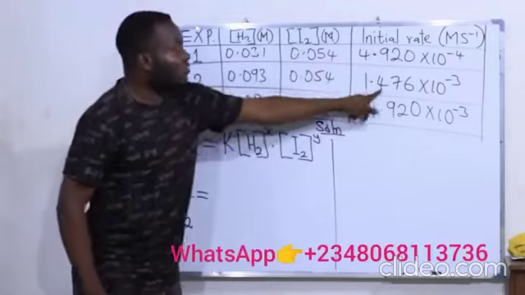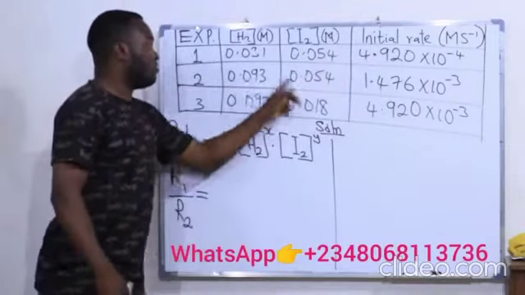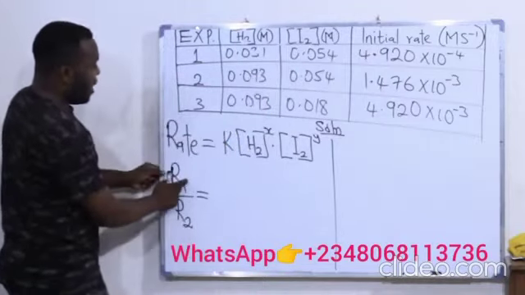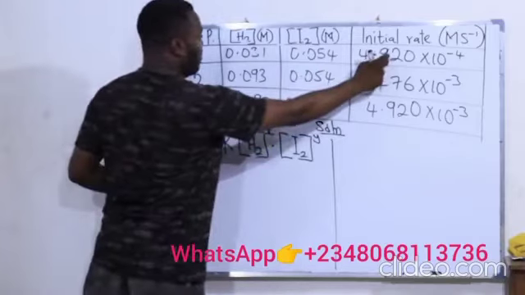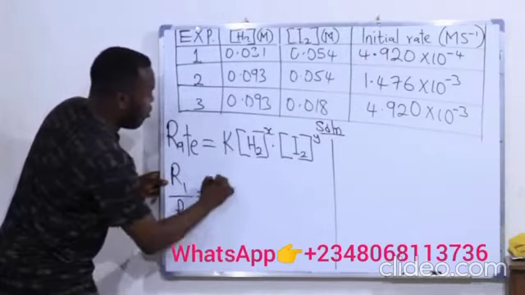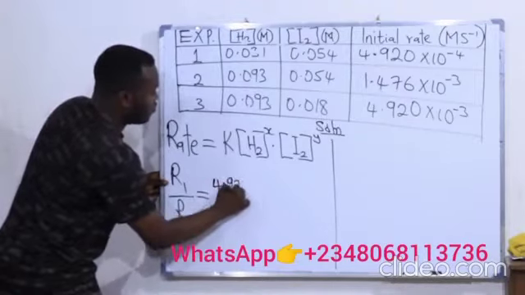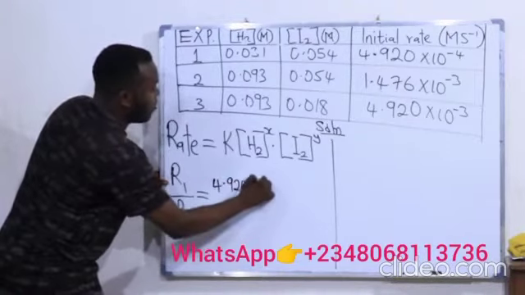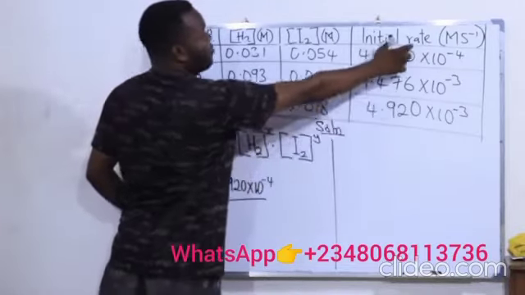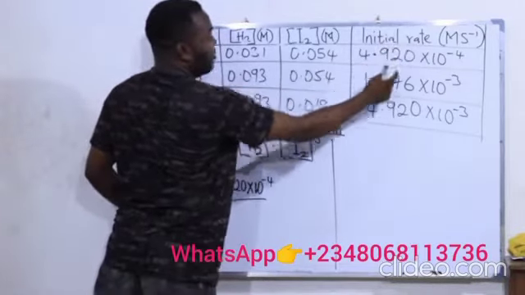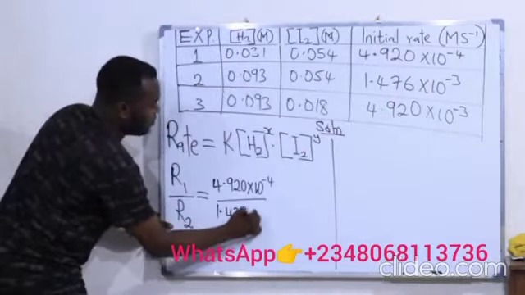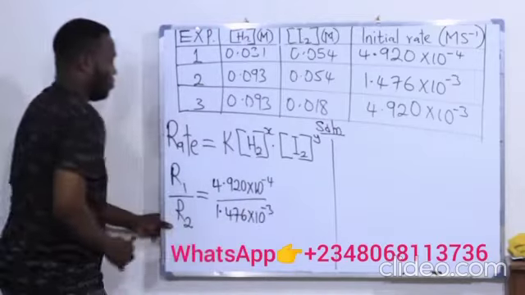How do I go about it? My R1, I chose this as my R1, which is 4.920 times 10 raised to the power minus 4, all over my R2, which I chose to be this. Remember, this is a rate. So this is my rate 1, this is my rate 2, which is 1.476 times 10 raised to the power minus 3.